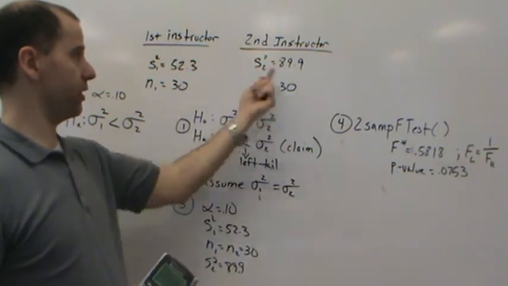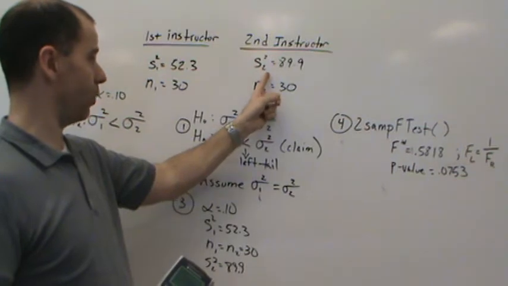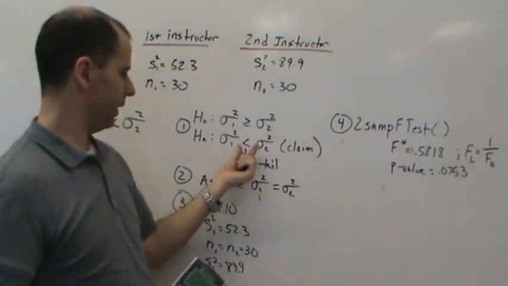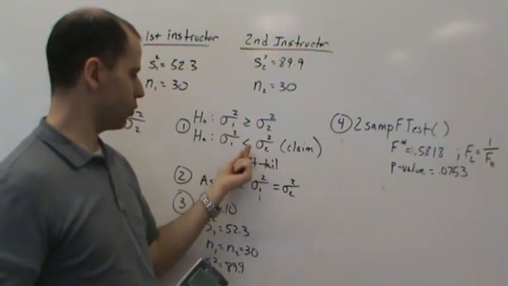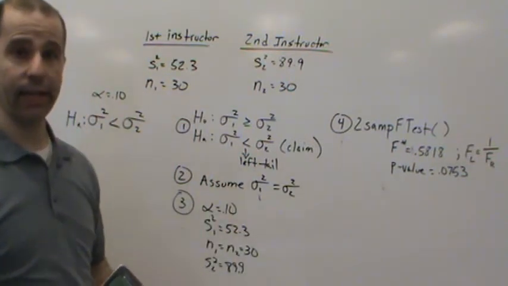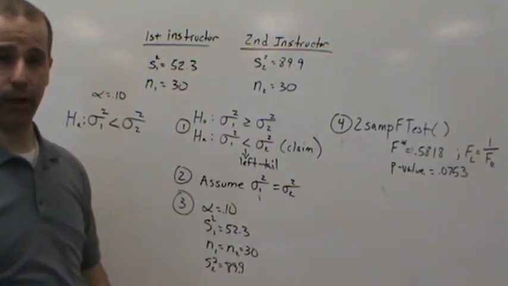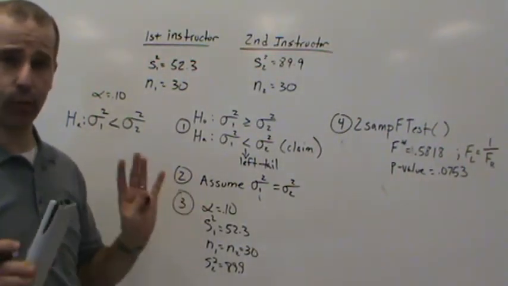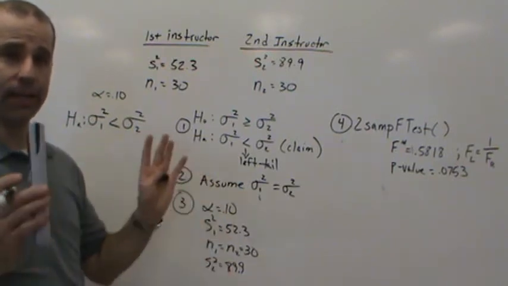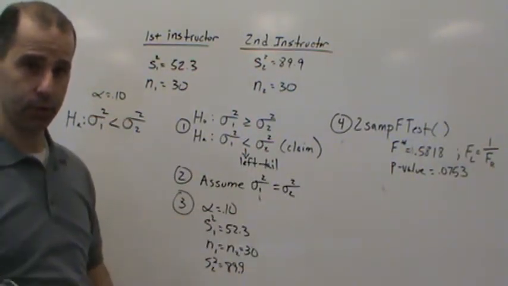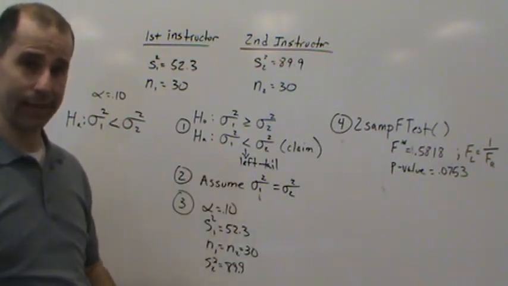But if we switched the populations and made this S1 and this S2, well, then it would be sigma 1 is greater than sigma 2. And it'd just be a right-tailed test, and you'd get the exact same p-value. So again, just like when we dealt with two populations before, it doesn't matter which one you make population 1, which one you make population 2, as long as you do the correct test.